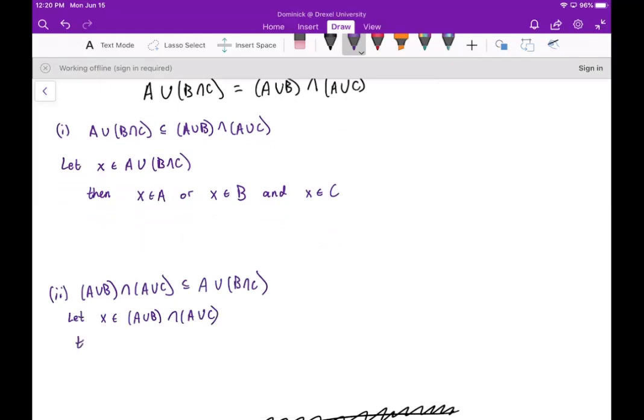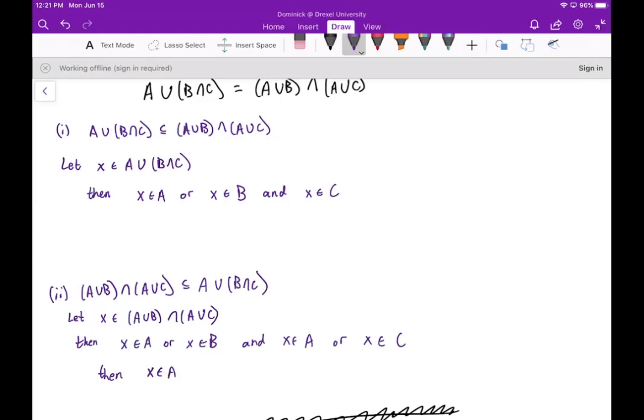Well, what does this mean? Well, this means then X is in A or X is in B and X is in A or X is in C. Right? So it looks like we're either going to get then X is in A, right?